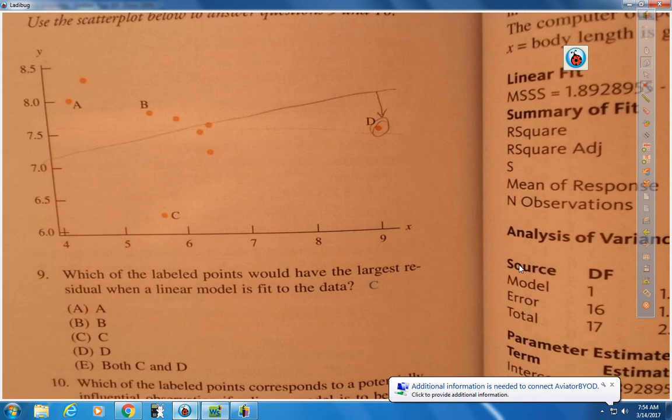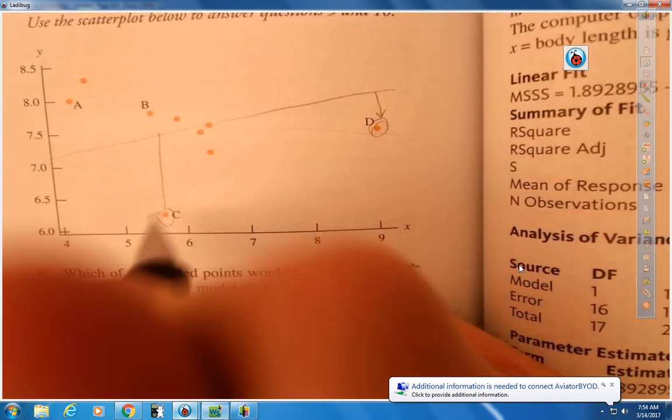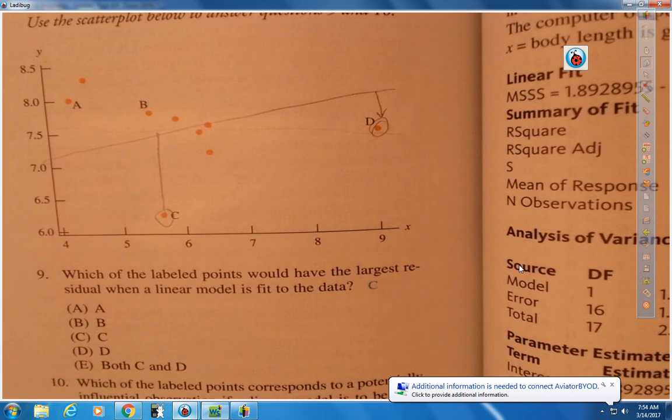Influential observations take that regression line and pull it towards them, because we're looking at deviations in x. So when you're looking at the calculation of the regression equation, that influential observation will pull the line towards it. Okay? So the largest residual is the one farthest away in the y direction. That's going to be C. That's going to be my largest error. All right? So that's why number 9 is C.